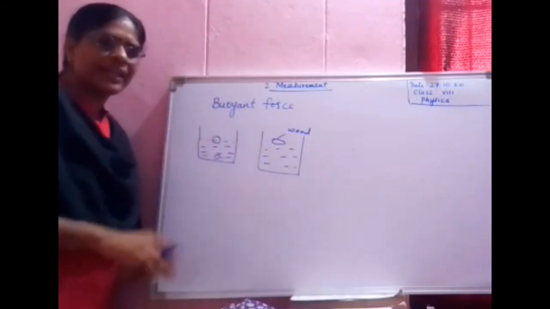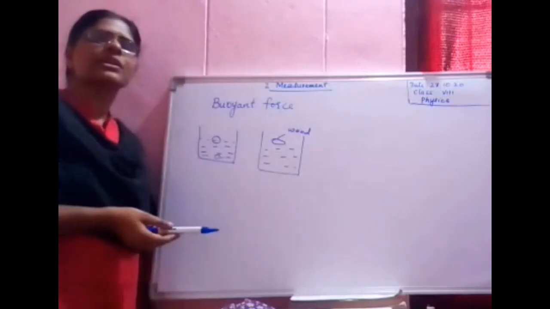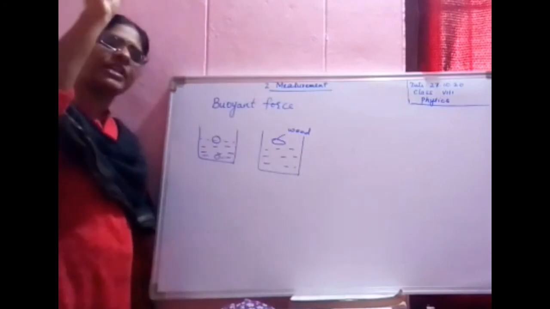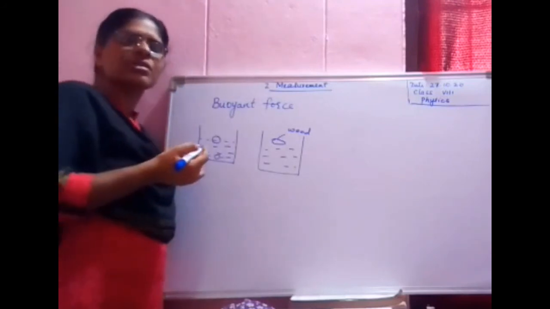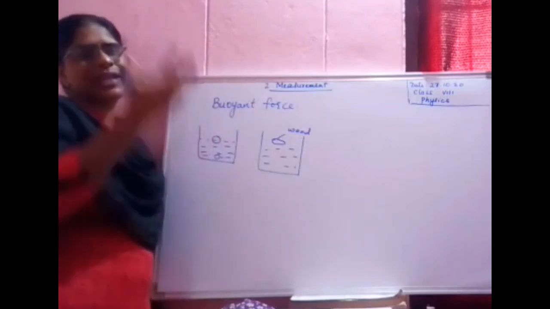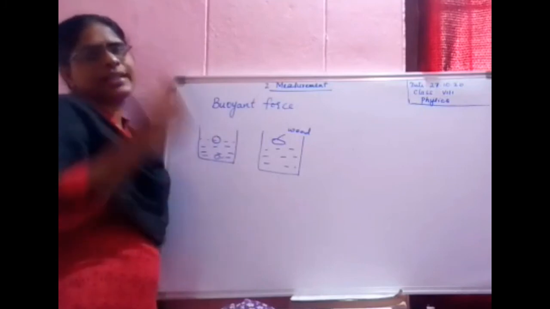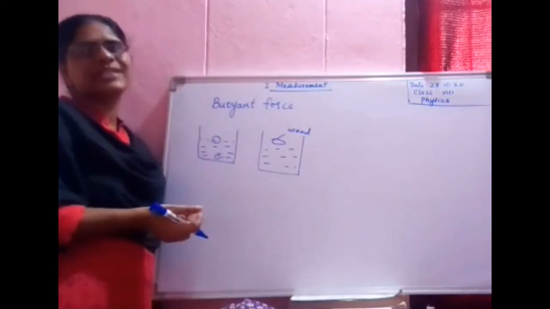If I am throwing a pencil upwards, afterwards, what happens? After reaching a certain height, where does the pencil go? It reaches towards the earth. That means the earth is exerting some force on the object. What is that force called?